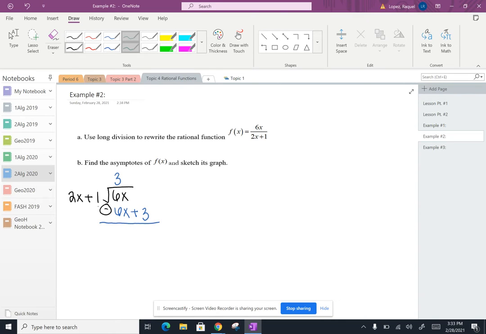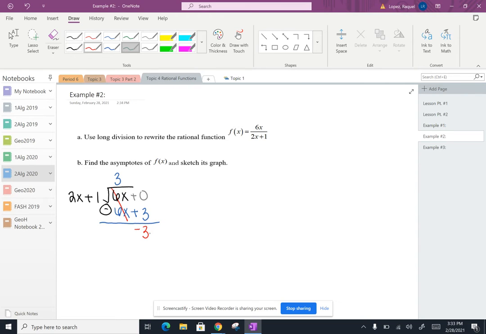Do some subtraction. 6x minus 6x is going to be 0, so that reduces. I don't have anything next to the 6x written in black, so I'm going to put a placeholder of plus 0. Now 0 minus 3 is going to give us a remainder of negative 3.